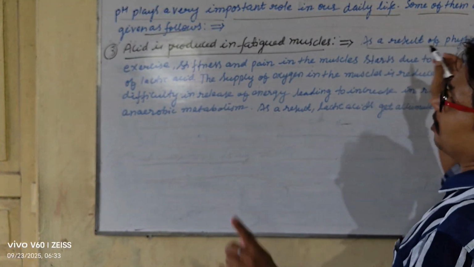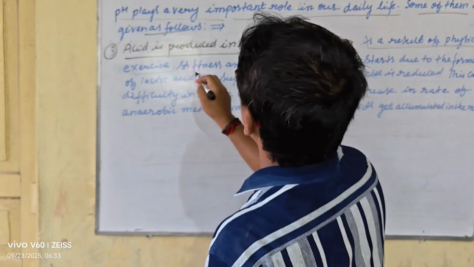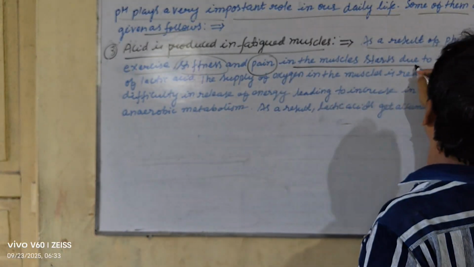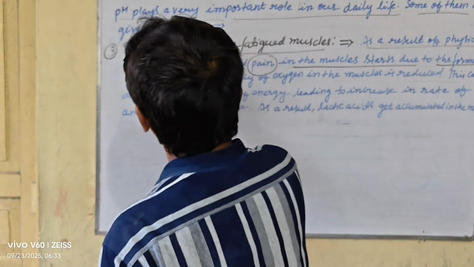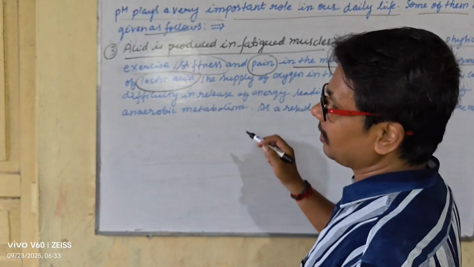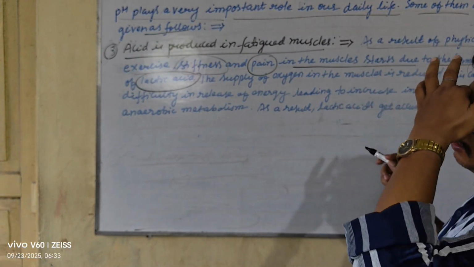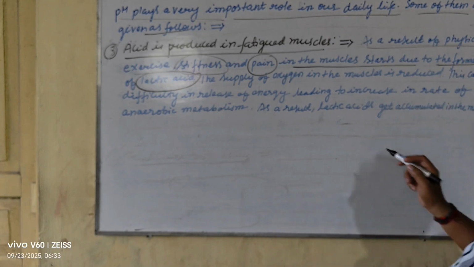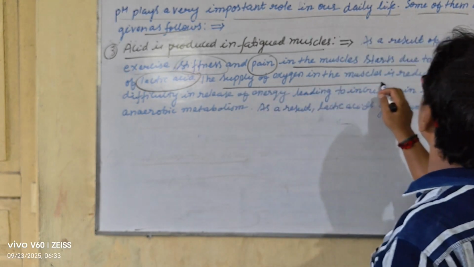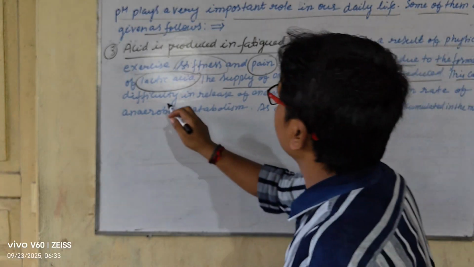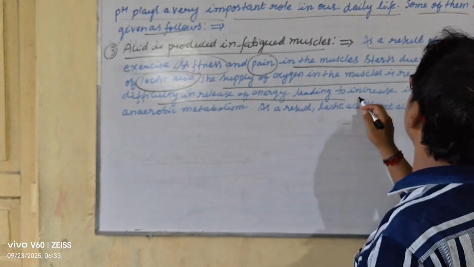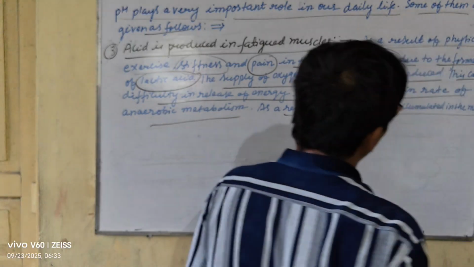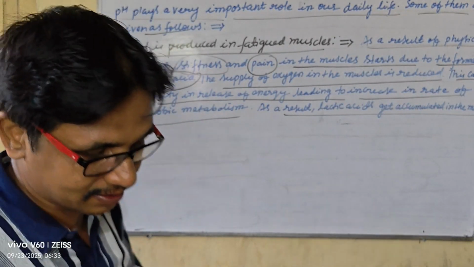As a result of physical exercise, stiffness and pain in the muscles start due to the formation of which acid? Lactic acid. The supply of oxygen in the muscles is reduced. This causes difficulty in release of energy, leading to an increase in the rate of anaerobic metabolism. As a result, lactic acid gets accumulated in the muscles.